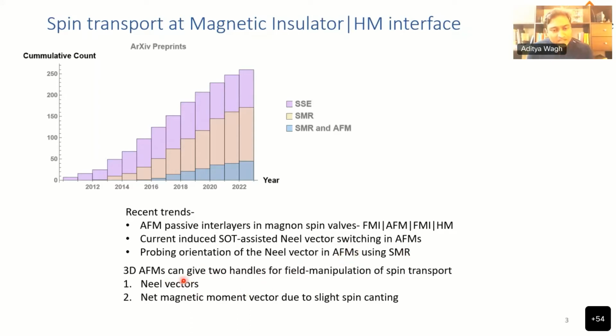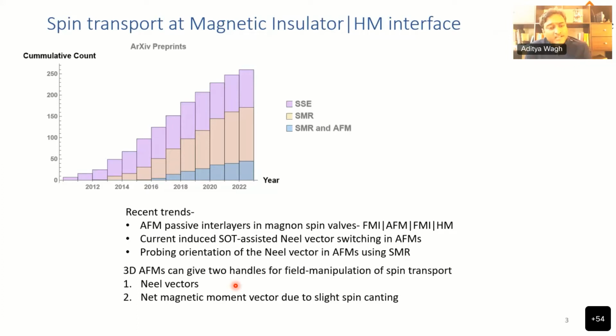Lastly, here we want to work on 3D antiferromagnets because peculiarly they can provide two handles for manipulating spin transport with field. For example, when you apply a sufficiently high magnetic field, the Néel vector tries to go away from the magnetic field, say perpendicular, after spin flop.